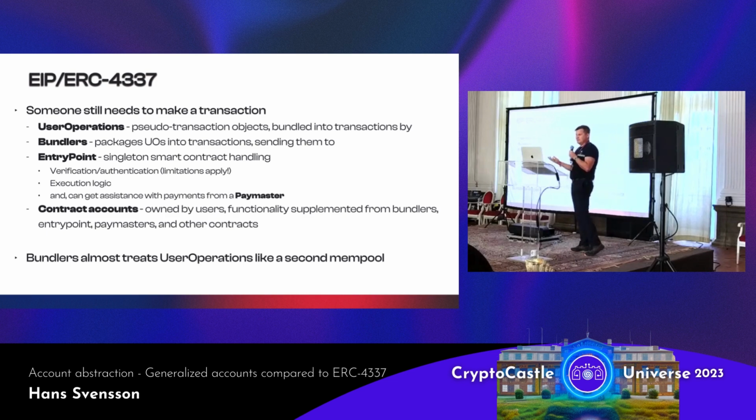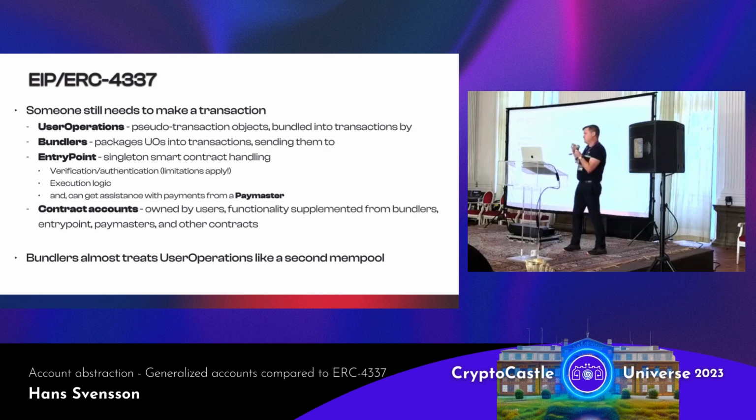And then you post these to a special network, where there are entities called bundlers, which will look at these user operations, much like miners will look at transactions and pick them up. The bundlers will pick up user operations, put them together, and make a few real transactions out of multiple user operations.